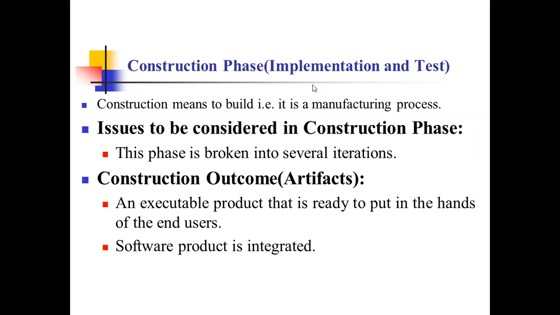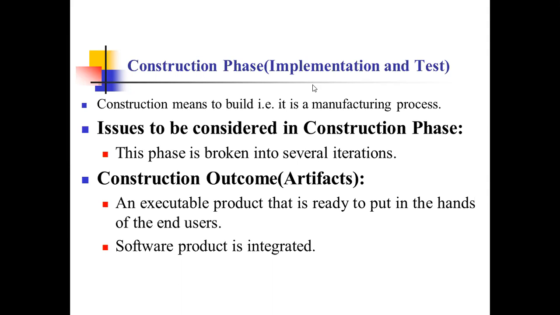Then what is the construction's outcome after the implementation of this design? After implementation, we will get an executable product of that problem domain, or the complete system. That is ready to put in the hands of the end user. That means we are going to deliver it to the end user.